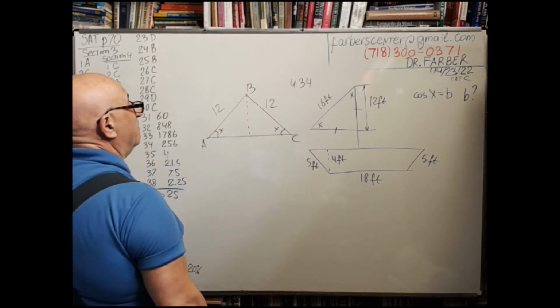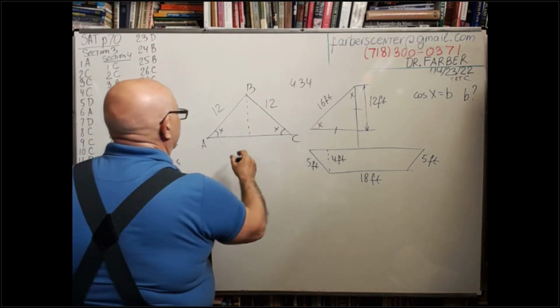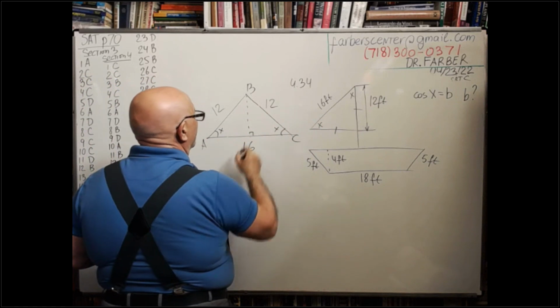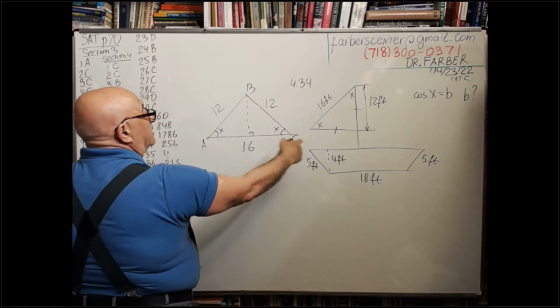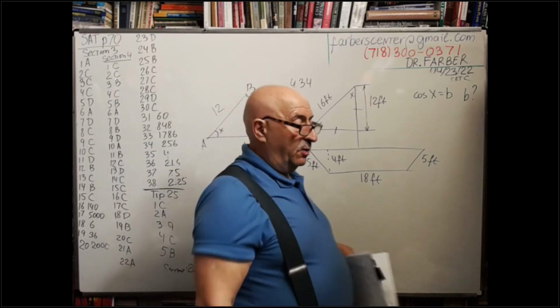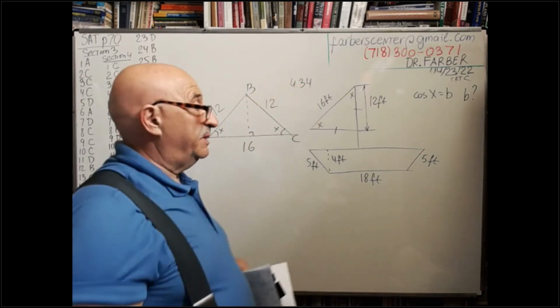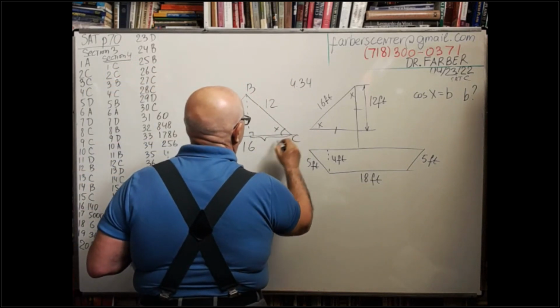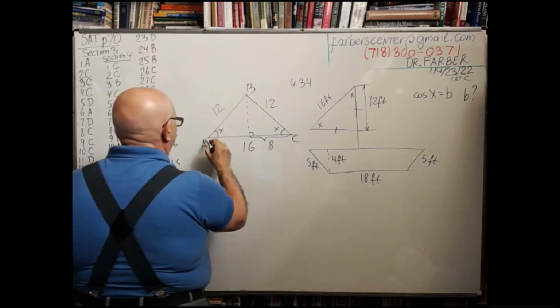And this side equals 16, which is given. If this side is 16, and the altitude in an isosceles triangle is always also the median and bisector, it means this one is 8, and this one is 8.